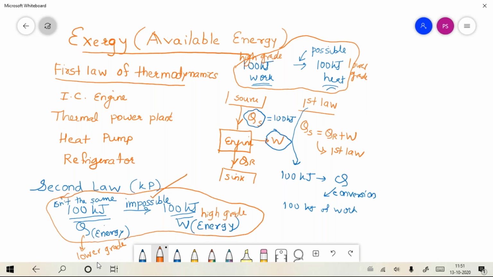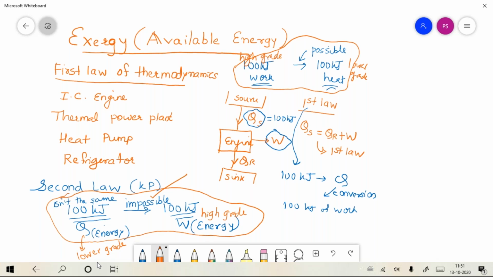So in a way, the second law of thermodynamics brings in the quality aspect of energy. Are you getting the point? I hope this is clear to you.